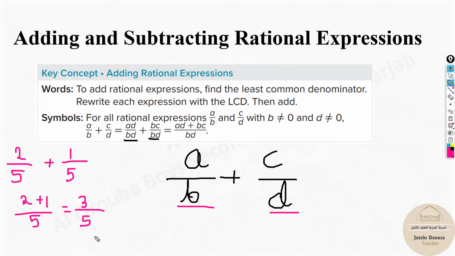This is very straightforward. But what if it is 2 by 5 plus 1 by 10? Is this possible? No, right? You can't just have the denominator as 10 or 5.